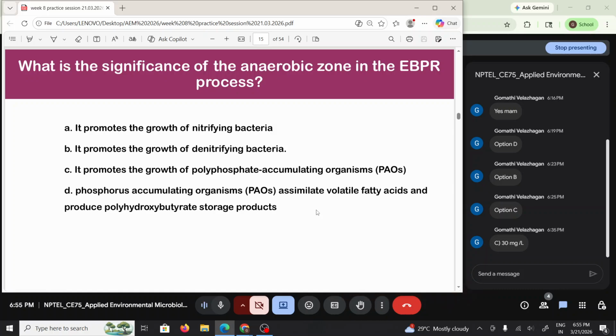Okay, so the next question is, what is the significance of anaerobic zone in the EBPR process?